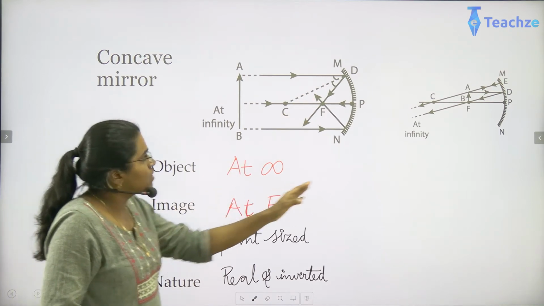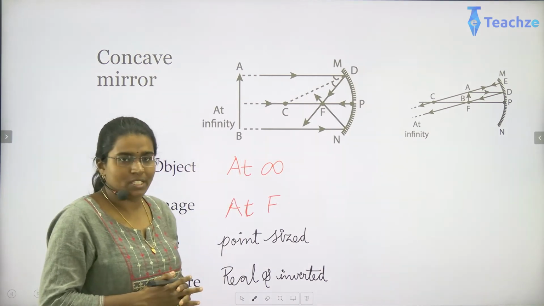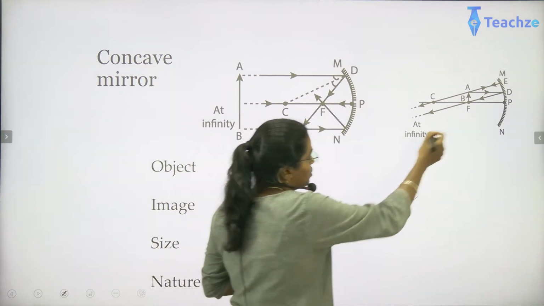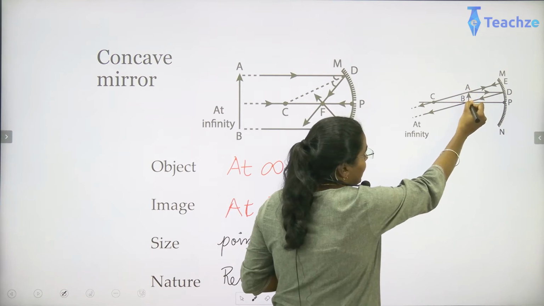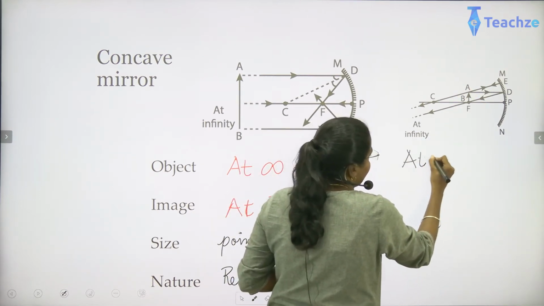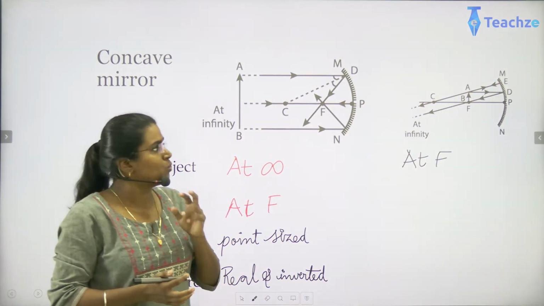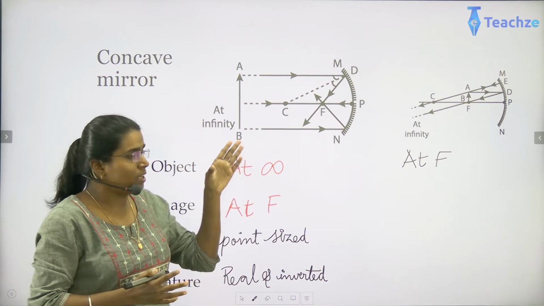Now let's go to the second case. I take my object from infinity closer to the mirror and keep it at F. When my object is at F, there are 2 light rays from the object.